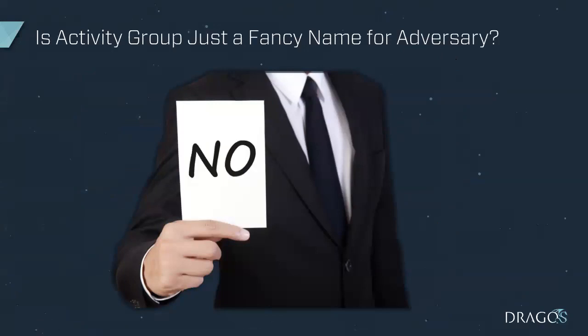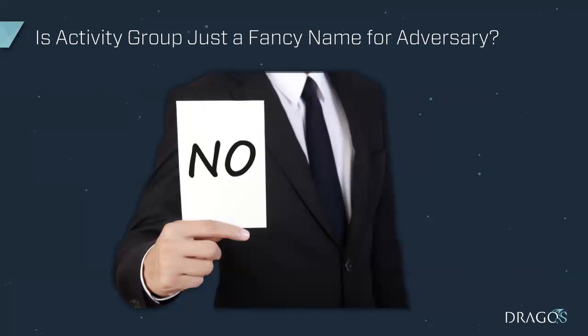And of course, we could use the word fancy because many of us have heard of Fancy Bear and the names that are thrown out there. Others use numbers, like FireEye using APT numbers, and iSIGHT before then using a different naming scheme. We'll go through all of those, but the answer is no. An activity group is not a fancy name for an adversary.